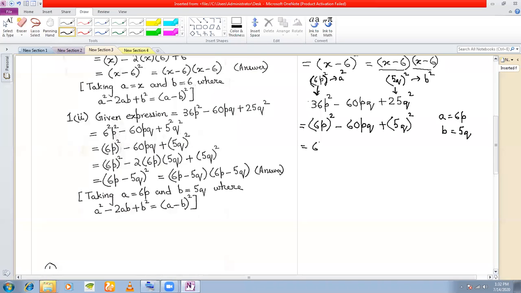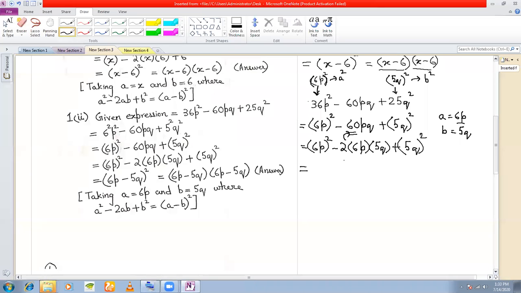So this is my a squared term. So I get a square. And I try to break this term. Minus 2. What is a? A is 6p. 2ab. B is 5q. Are we getting 60 pq? Yes, sir. We are getting. That means this can be factorized. So plus b square.